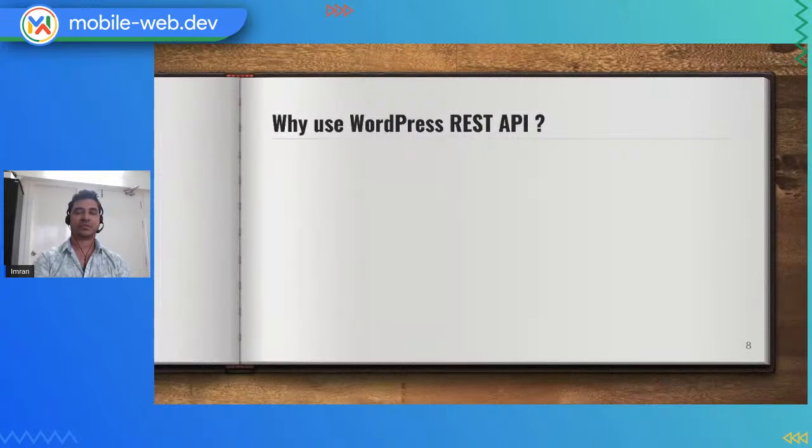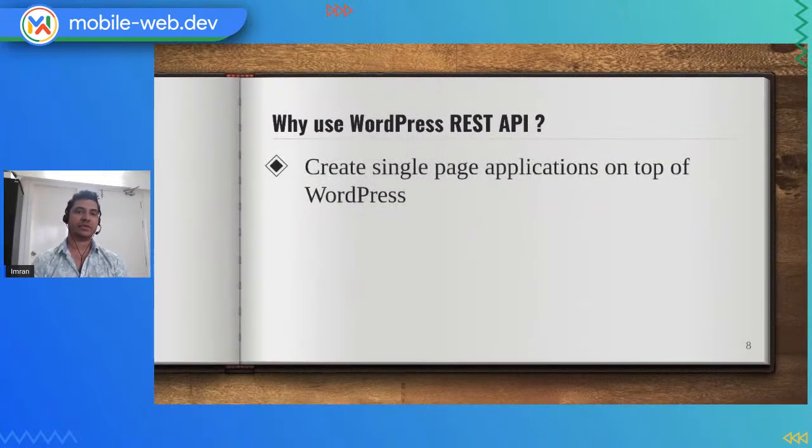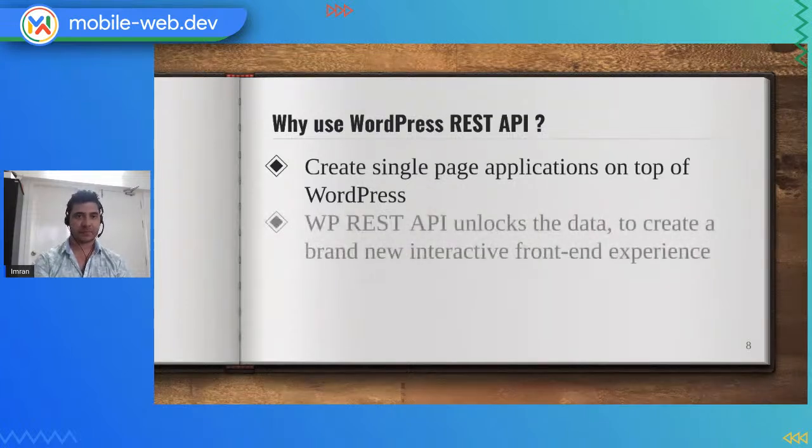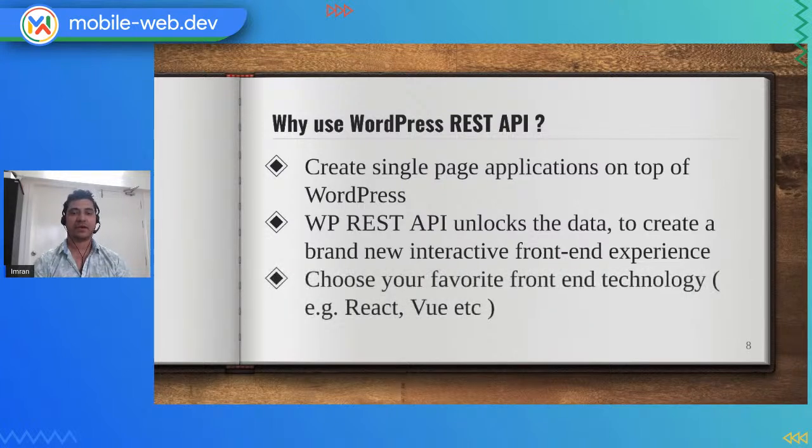So why use the WordPress REST API? Well, you can create a single page application on top of WordPress. Like I said, the experience of the user will be better because it's going to be a single page application. There won't be any page refresh. The WordPress REST API unlocks the data to create a brand new interactive front-end experience. And you can choose your favorite front-end technology.